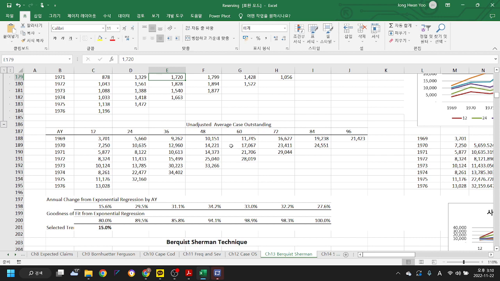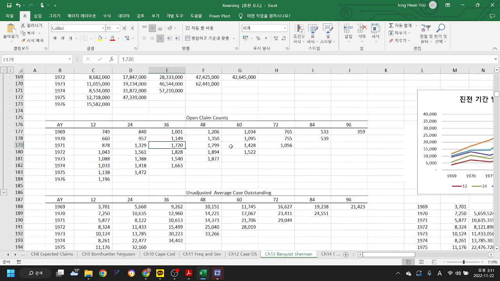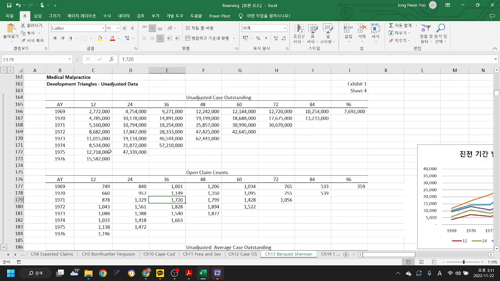When you come up with the trend factor, based on whatever methodology, here Berquist Sherman use regression, and you always have to be careful about unit statistics, right? So we don't apply the regression on an aggregate case outstanding value, because of how many open claims are underlying there.